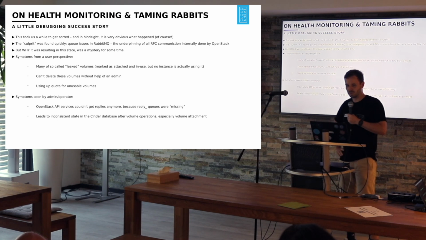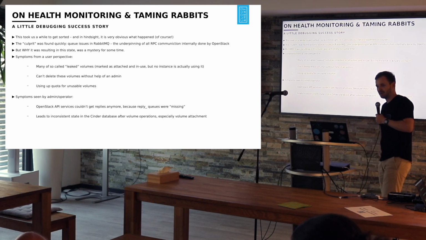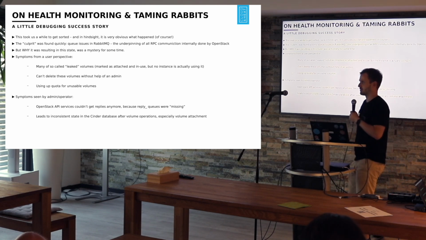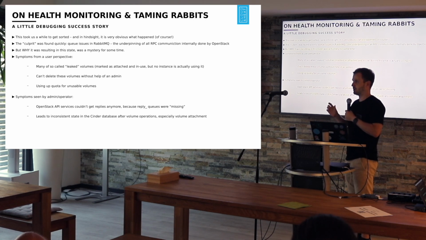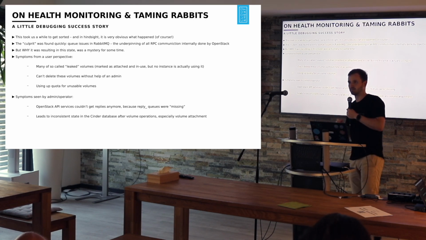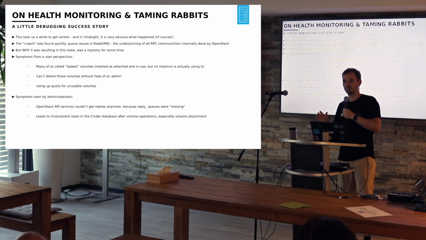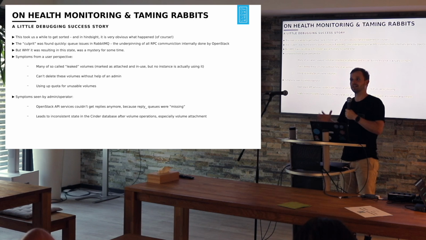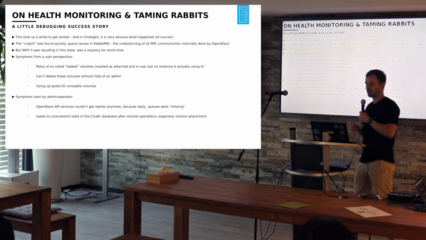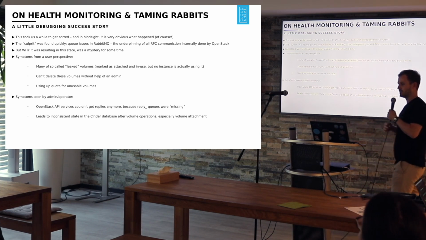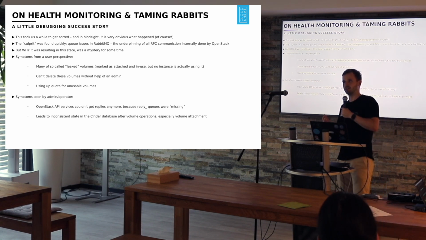So the symptoms from the user perspective were so-called leaked volumes, which just means you had volumes hanging around which were marked as in use and maybe in attaching or something like that, but the actual instance was not available anymore, so it wasn't actually used. And the problem is now you cannot, as an ordinary user, remove this. You need the help of an admin to remove this, and it also eats your quota, which is bad.